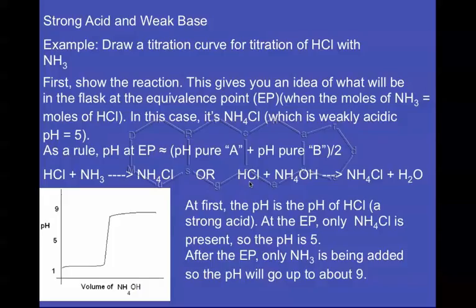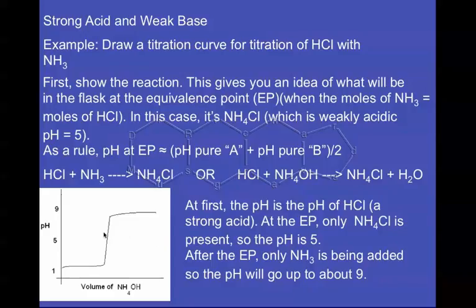The other way we can write this is to use NH4OH, which is a little bit easier to see because you can see the H reacting with the OH to give water, but the NH4 still reacts with the Cl to give NH4Cl. So at the equivalence point, all we've got is NH4Cl, which happens to be slightly acidic. That's a weak acid, NH4Cl.